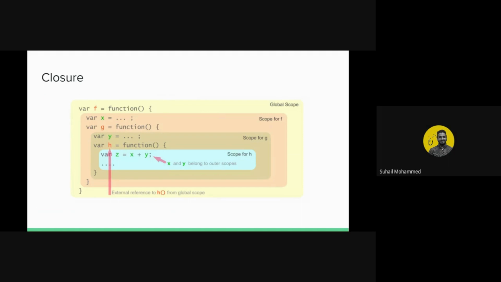So the nested function, or the inner function, forms a closure, and it will inherit the arguments and variables from the outer functions, to store the variables after the function is returned.